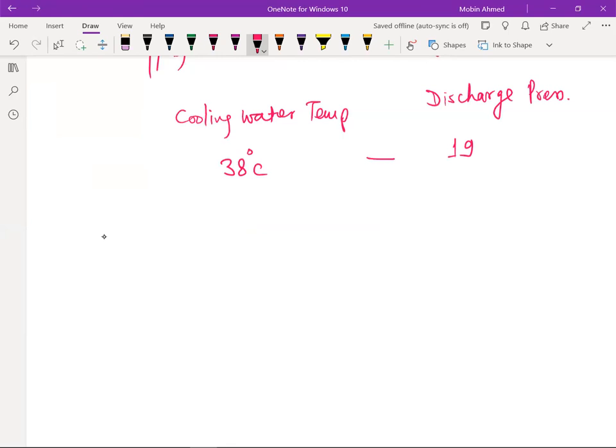It is supposed to show near 19 bar, remember. If the temperature is 32 degrees centigrade, it's supposed to show 17 bar. If it is 27 degrees centigrade, it's supposed to show near 15 bar.